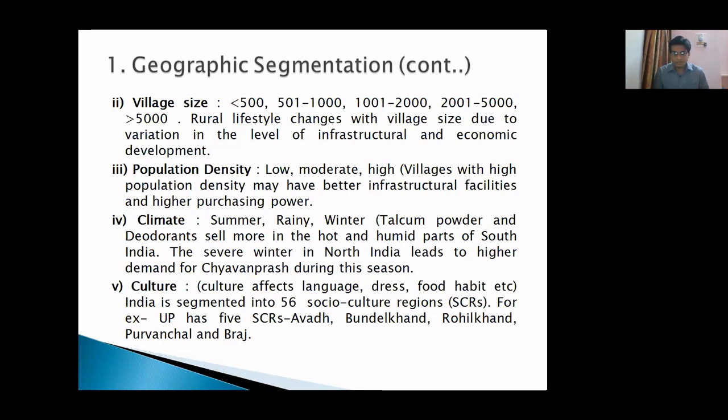Climate. India has three major climates: summer, rainy, and winter. And on the basis of these climates and the intensity that these climate have on the geography of India, certain product will be sold more in one place as compared to other market in India.